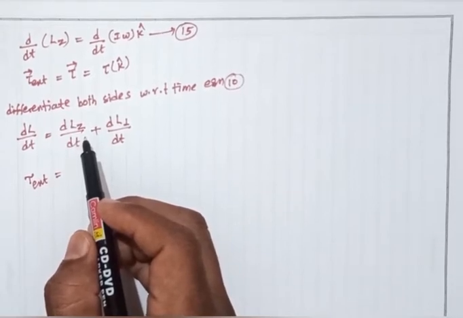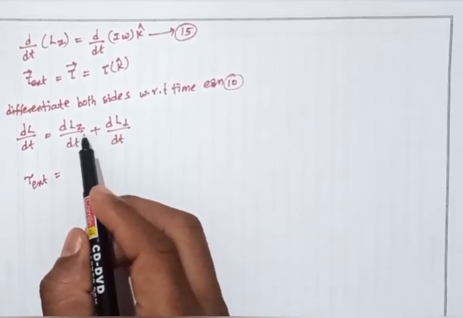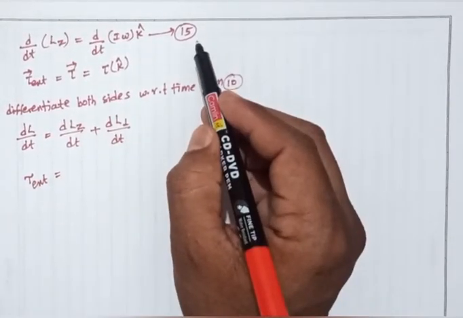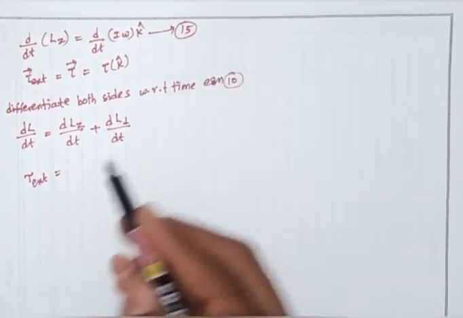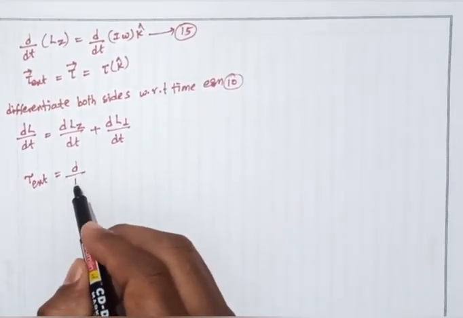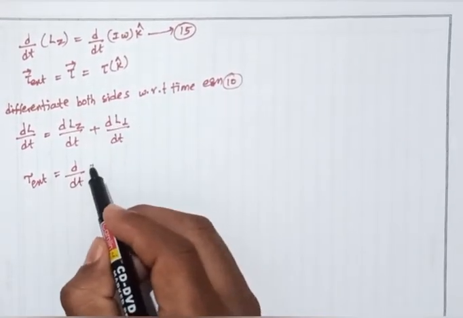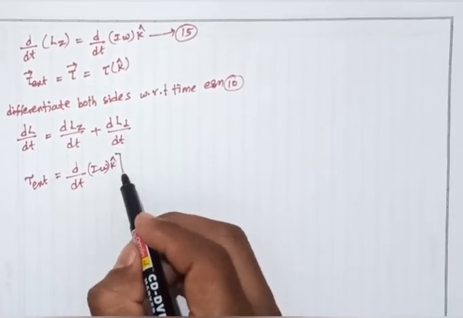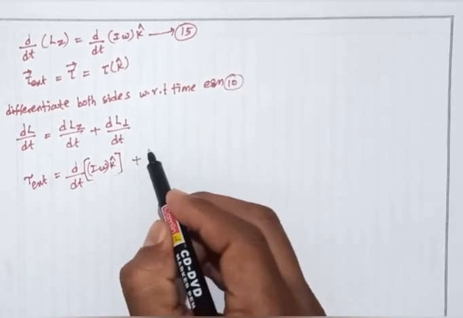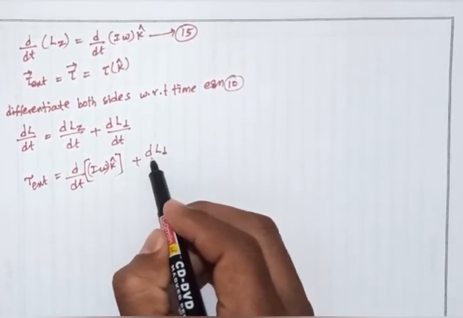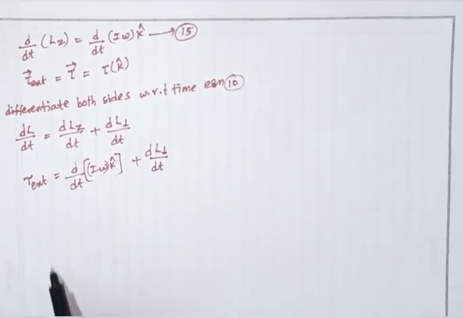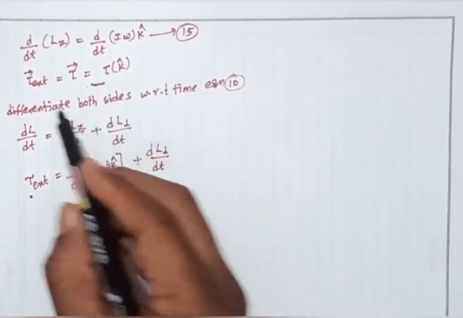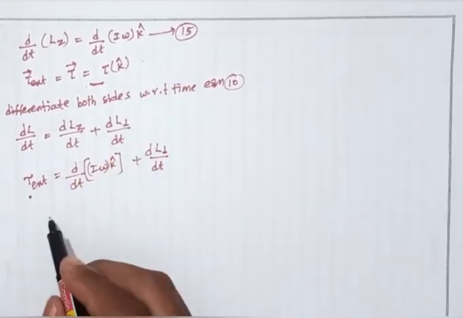Here d by dt of Lz, from equation number 15, is d by dt of I omega k cap. From this equation tau external equals tau k cap.